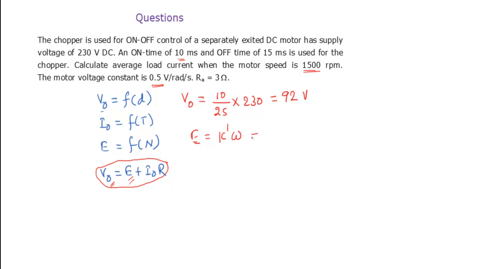K dash is given as 0.5 volt per radian per second, and omega we need to substitute in radian per second: 1500 into 2π by 60. Okay, we need to calculate this one. Then it is 78.54.